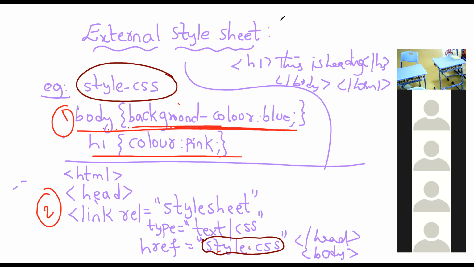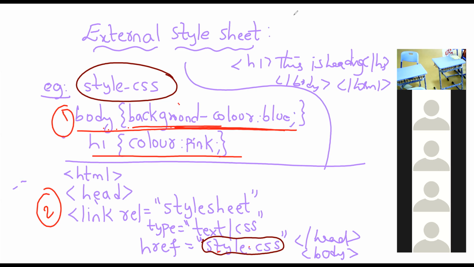So you just need to create a .css file, that is an external style sheet. That is the main advantage, that n number of web pages can be created using the .css file. Clear? Understood inline, internal and external? Inline is used to apply on a single element, like a single paragraph or a single heading only, right?